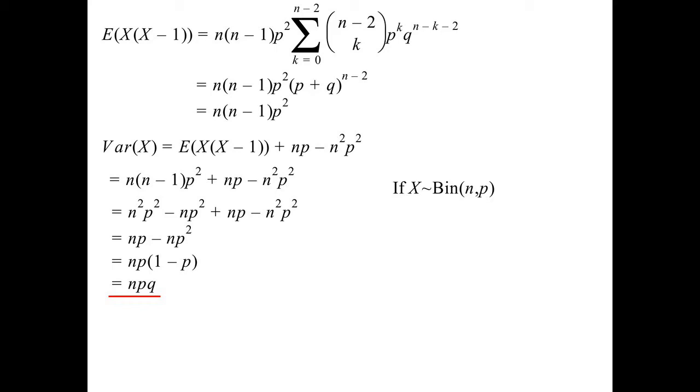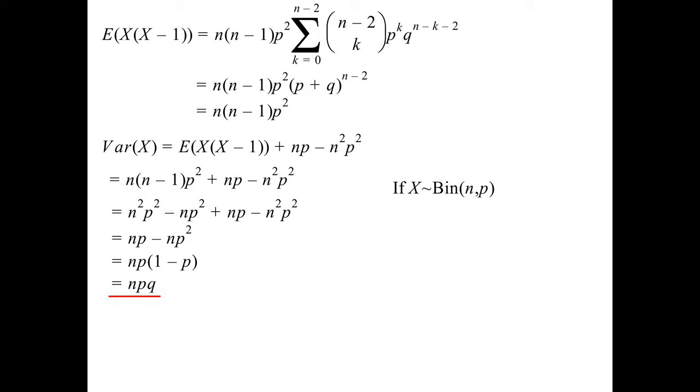What can we quote? Again, as I say, highly unlikely they're going to ask us to go through and prove that. But if x is binomial, the two pieces of information we need to know are how many times we are repeating it, so that's the n, and p, the probability of success.